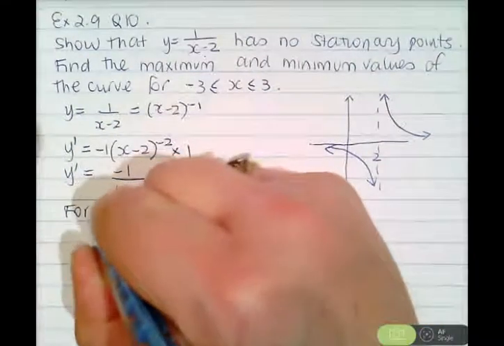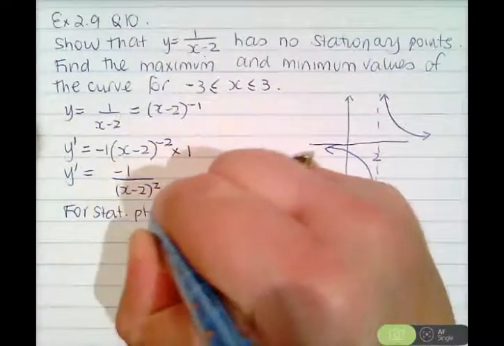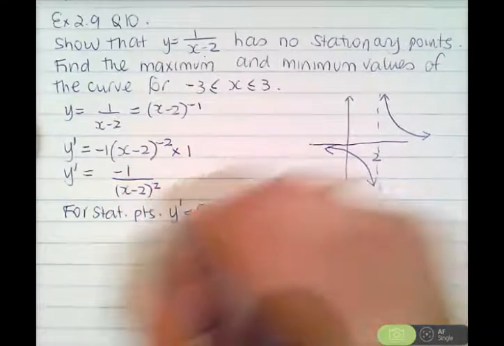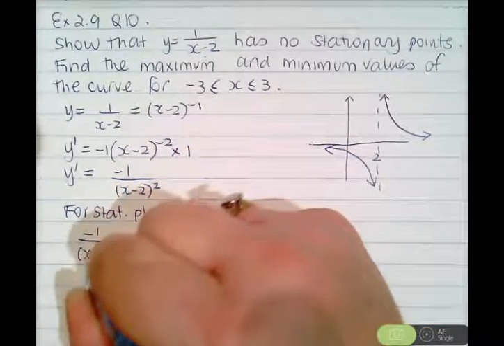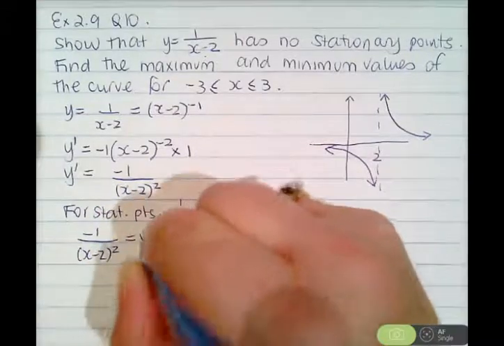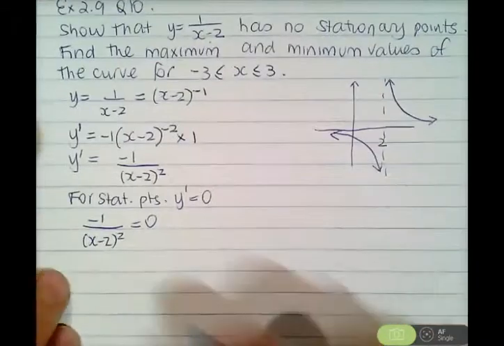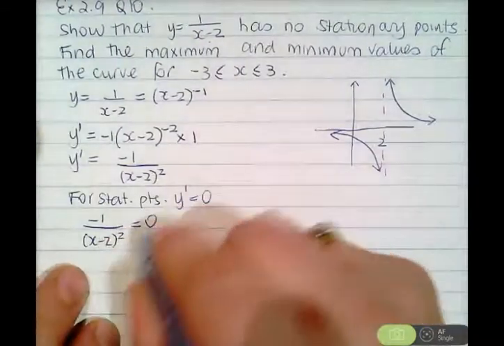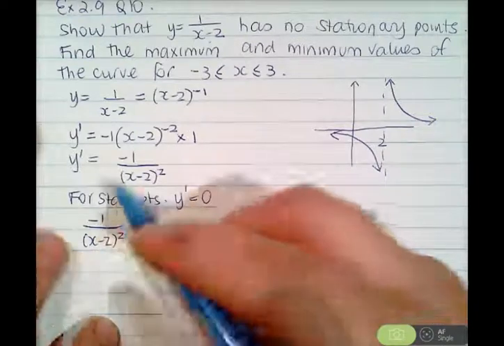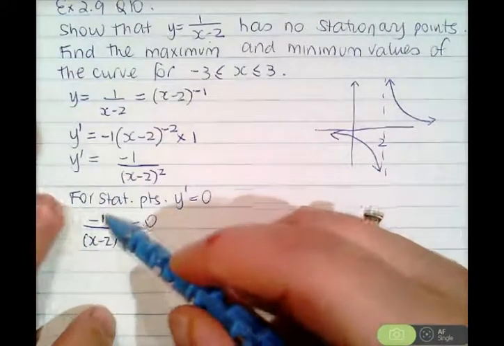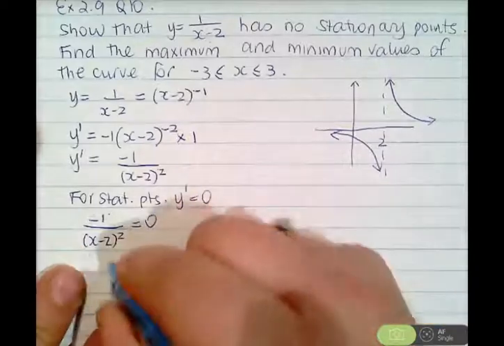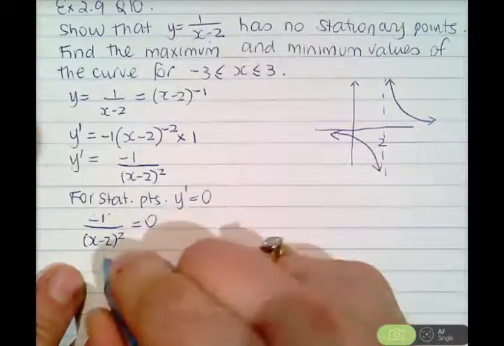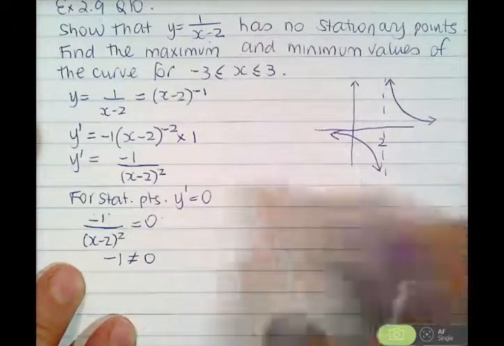Now we know that for stationary points the first derivative equals 0. If we put this over 0, equal to 0, this has no solution because the numerator is the only thing that can be 0. When we cross multiply, we get that -1 doesn't equal 0.